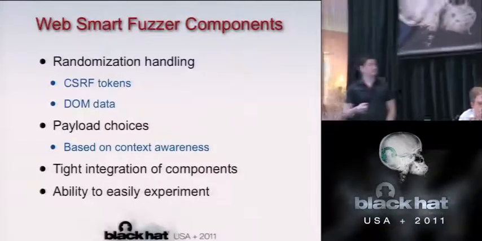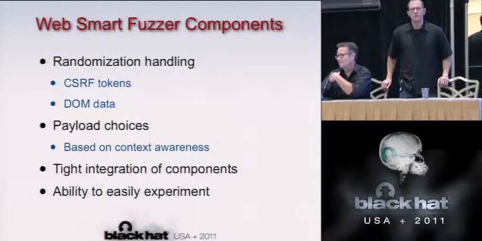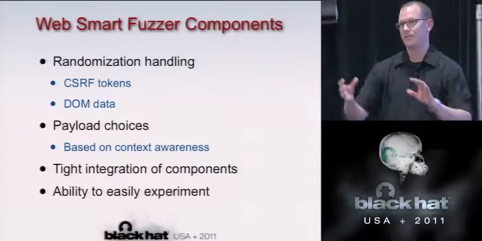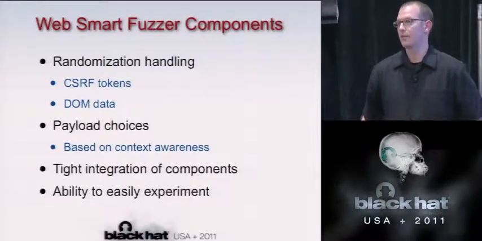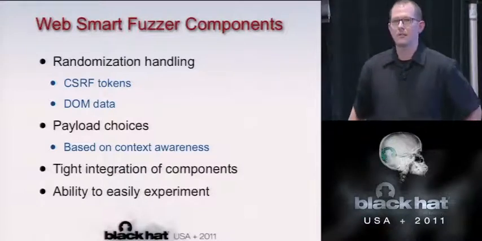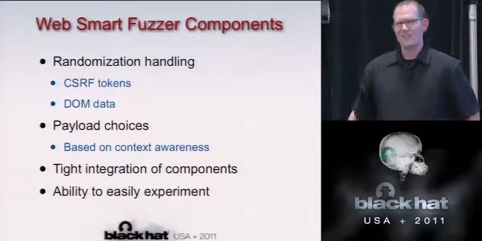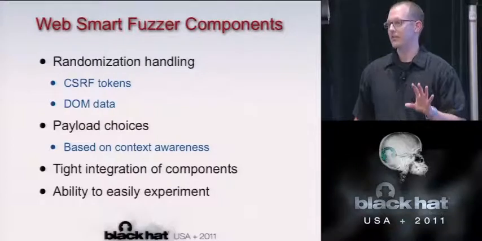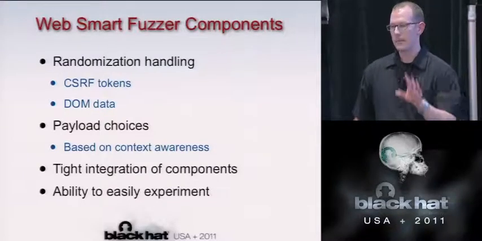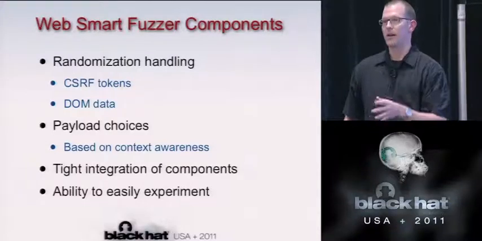Oh yeah, so this is kind of talking about the randomized data, and a lot of tools approach this as, well, we'll use regular expressions. The old saying goes, if you have a problem and you think the answer is to use regular expressions, well, now you have two problems. So a better approach is to pull this data directly out of the DOM, and that leads you down one of two paths.